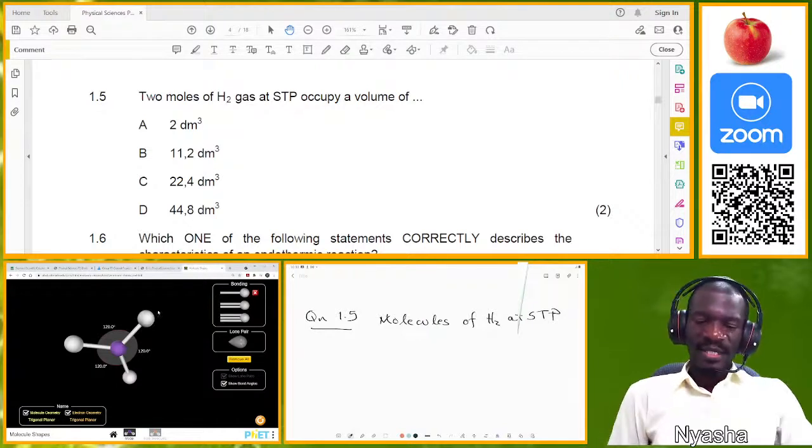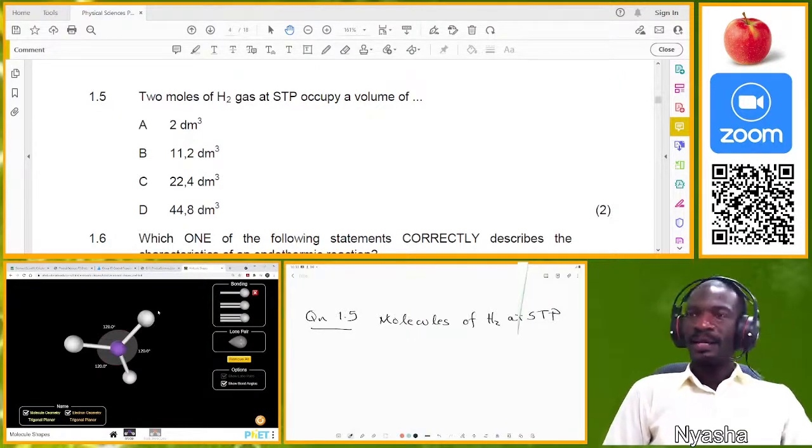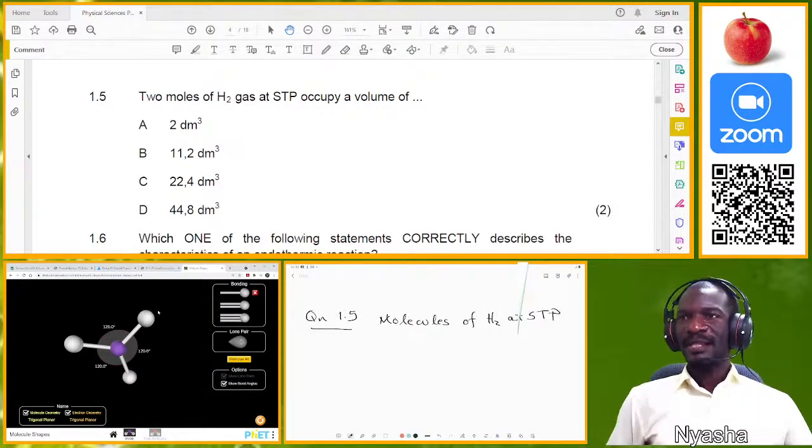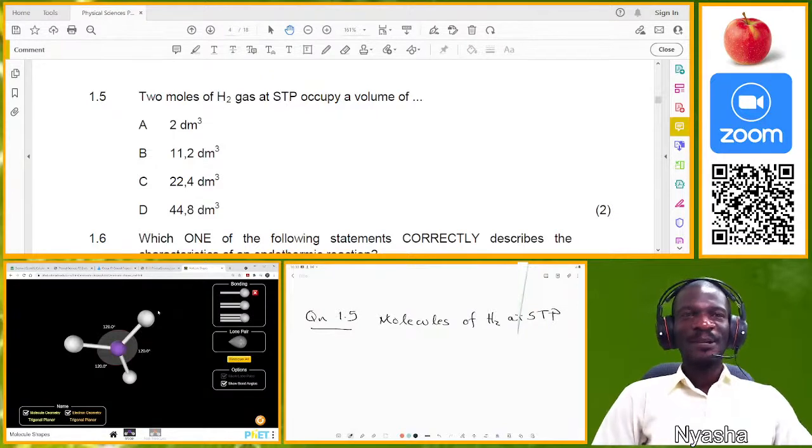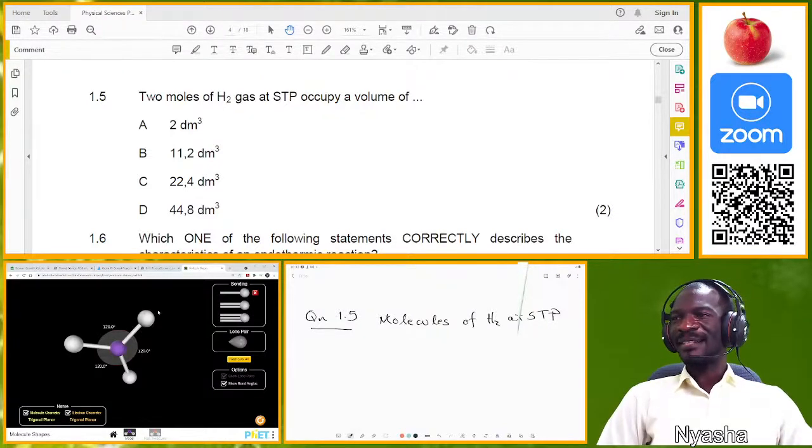Right, so the first thing is, this is a gas at standard temperature and pressure. So what happens to real and ideal gases?